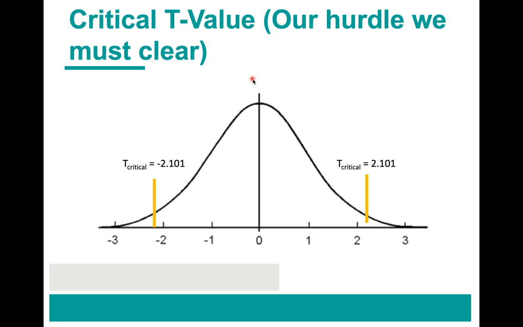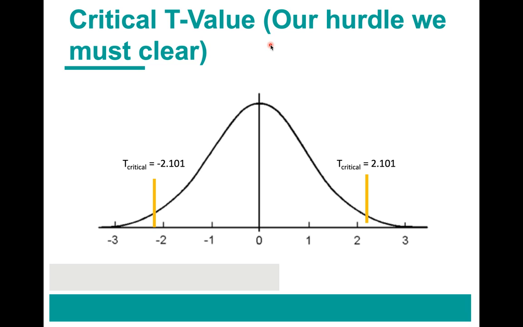At the 0 point, what that means, if we were right here, it would mean that our expressive writers are exactly equal to our non-expressive writers. As we move to the right, our expressive writers have better health than our non-expressive writers, right? Because that would produce a positive t-value. As we move to the left, our expressive writers would have worse health than our non-expressive writers, because that would produce a negative t-value.